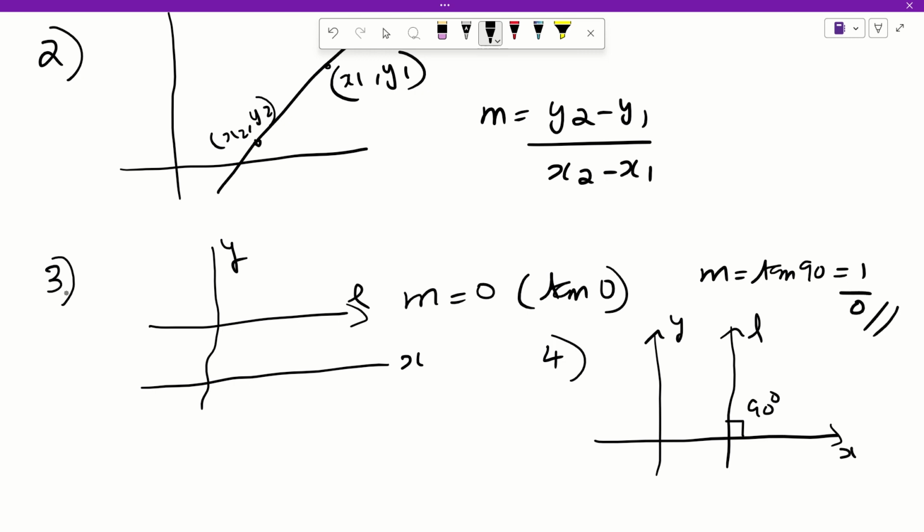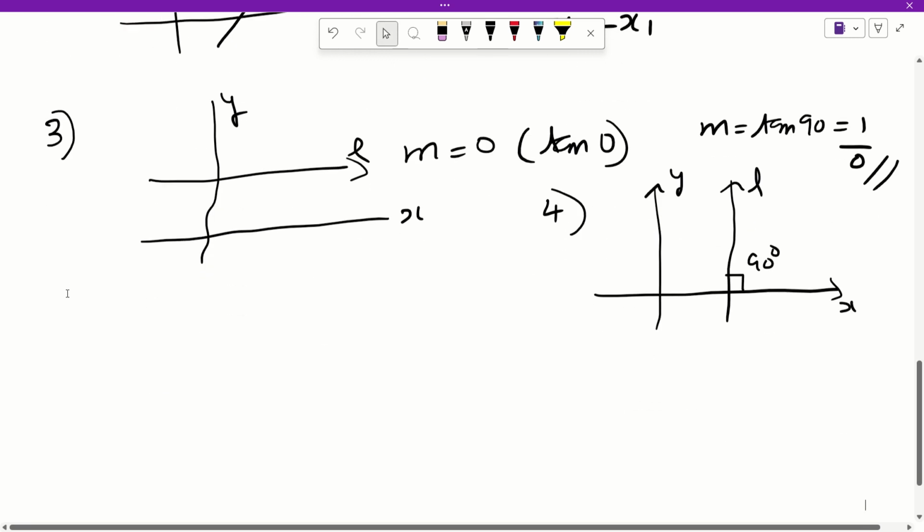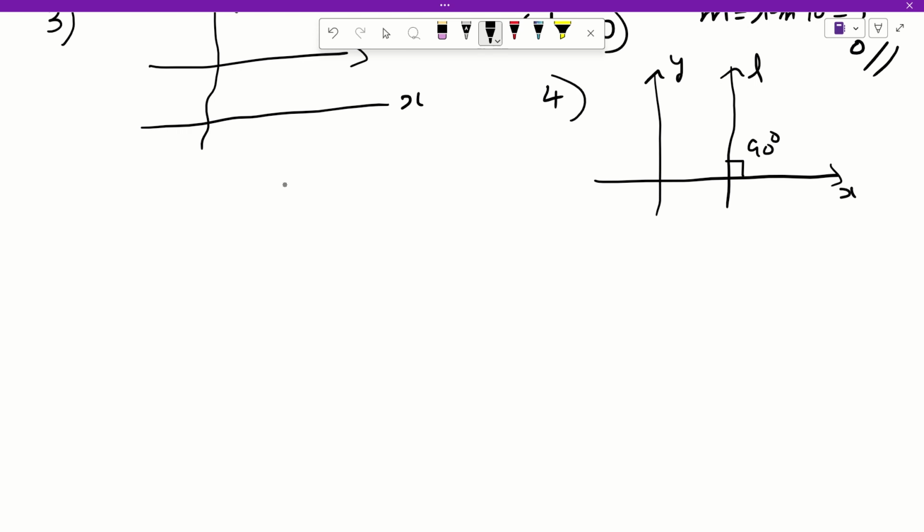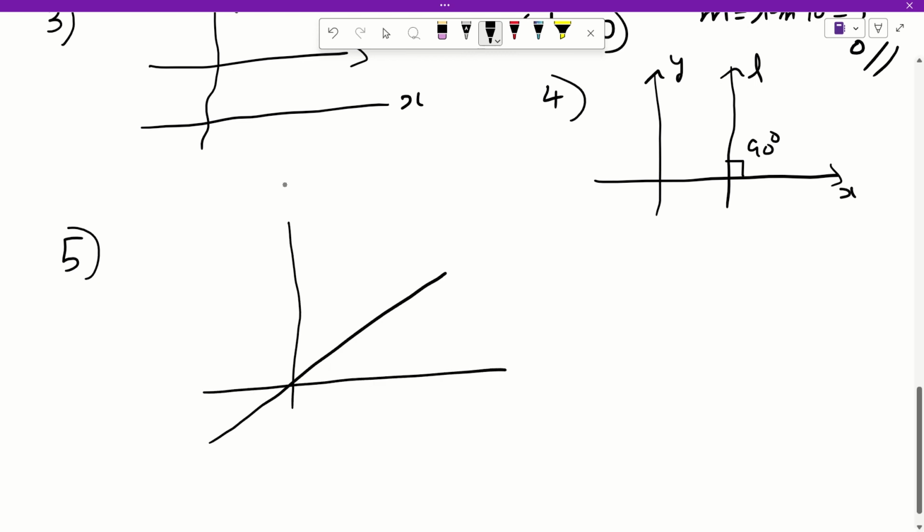Okay. Now let us go to the next condition, that is the fifth condition. The fifth condition is equally inclined. So we have the axes like this. We have a line like this. It makes an angle of 45 here, and makes an angle of 45 here.